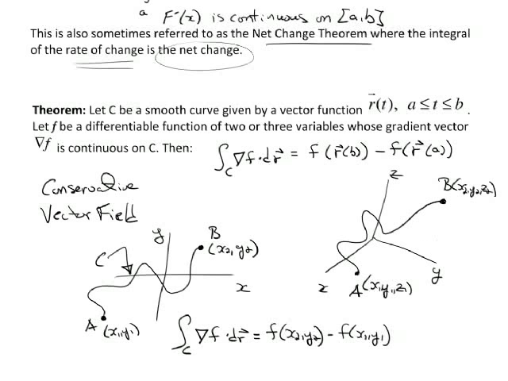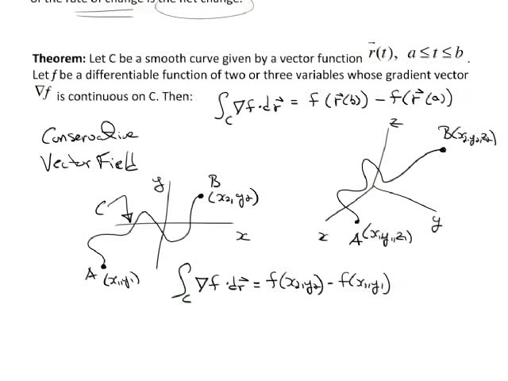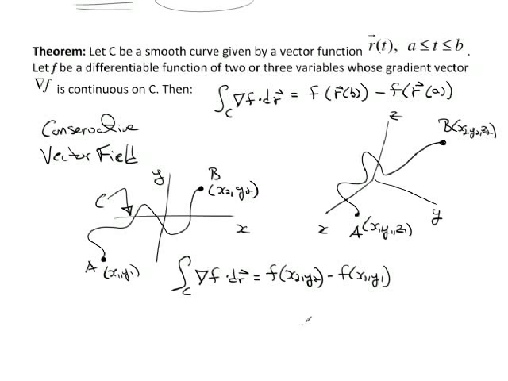So the integral of this gradient dr is going to equal f of x2, y2, z2 minus f of x1, y1, z1, again, regardless of the path. And this path independence is what is so important when we're dealing with conservative vector fields.